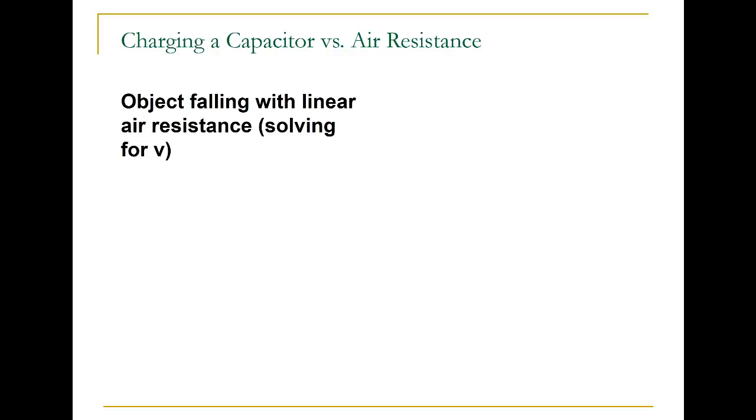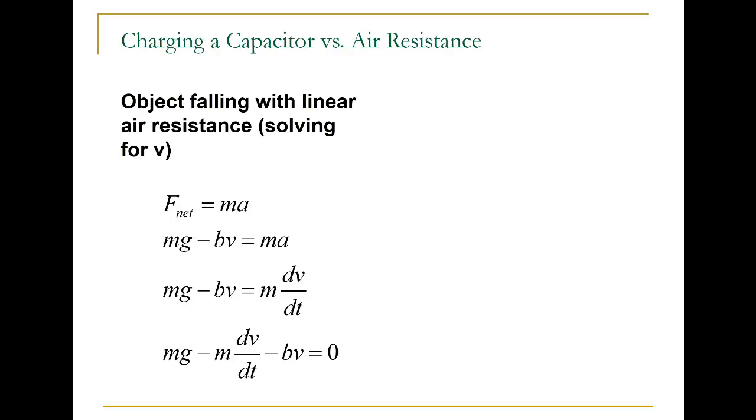If we're falling with linear air resistance, we start with F net equals ma. As we saw on the previous slide, we had the force of gravity going down, and we had a linear air resistance term. So force of gravity minus air resistance is equal to mass times acceleration.